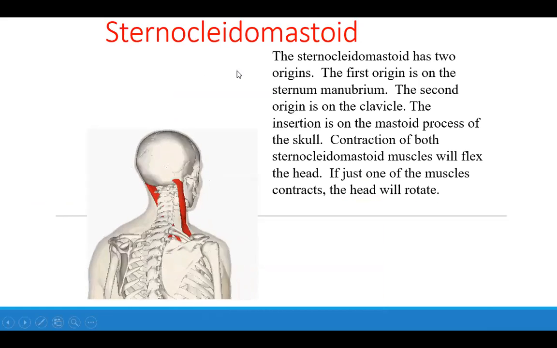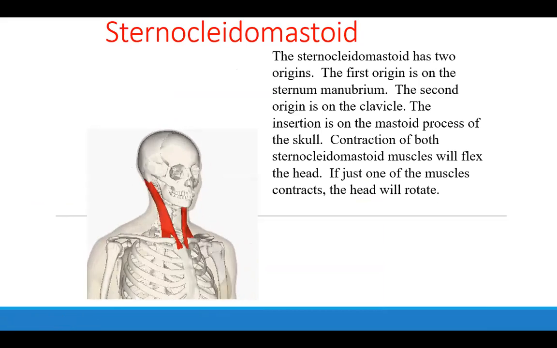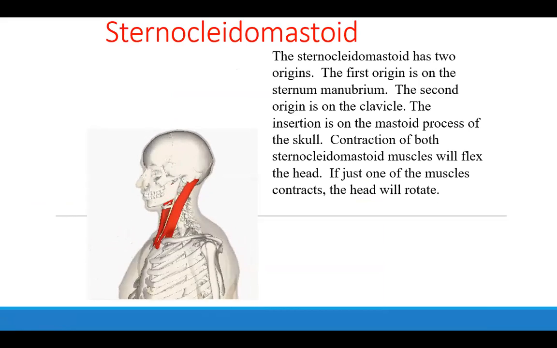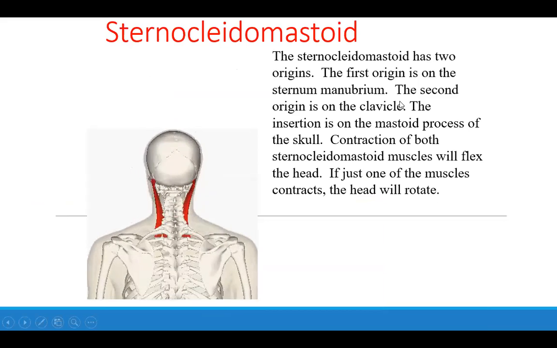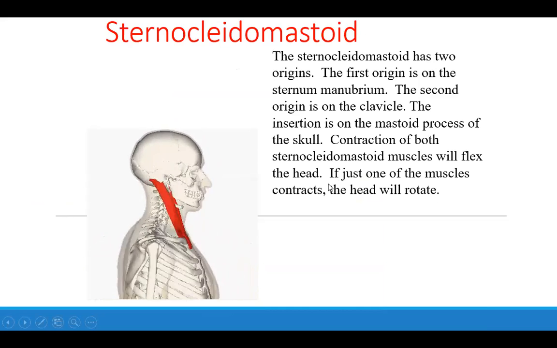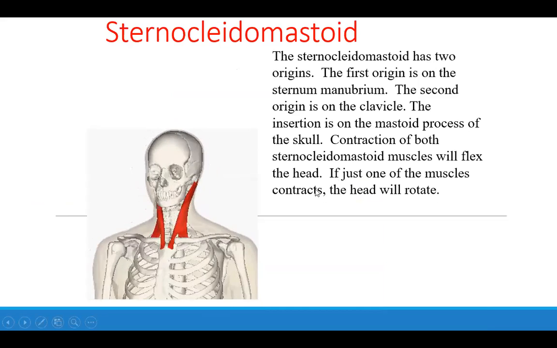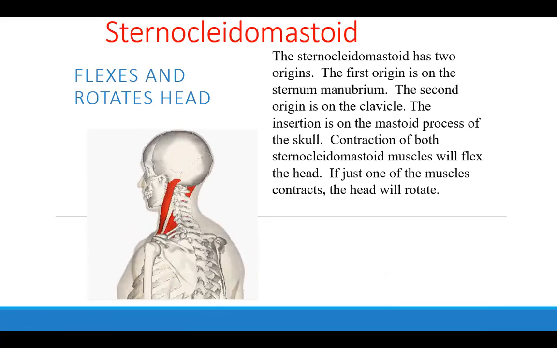And again, you can see how big it is. It inserts on the mastoid process. We know where that is, behind our ears, and its origin is on the sternum and clavicle on each side. It allows us to turn our head to the left, it allows us to turn our head to the right, or it allows us to bob our head up and down.